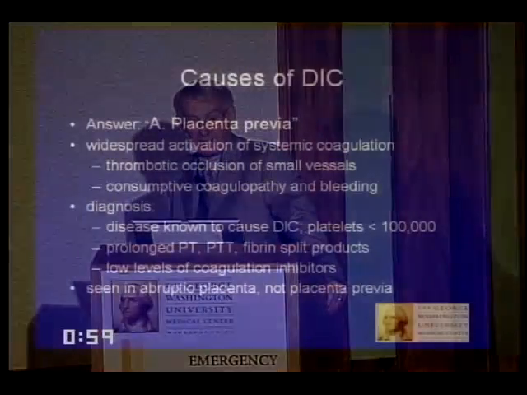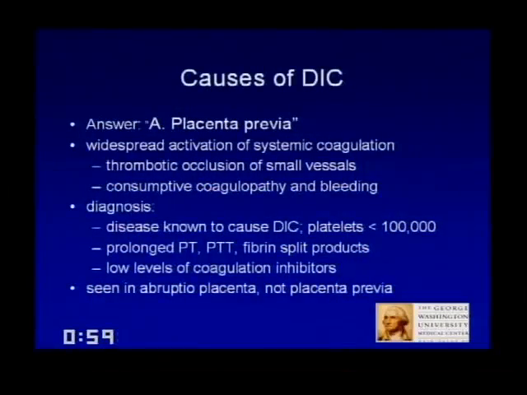DIC is a widespread activation of systemic coagulation leading to the combination of thrombosis and bleeding. There's thrombotic occlusion of the small vessels, and then a consumptive coagulopathy occurs where that pathway just keeps on going and consuming the precursors of the coagulant proteins. The diagnosis should be suspected in patients who are thrombocytopenic.